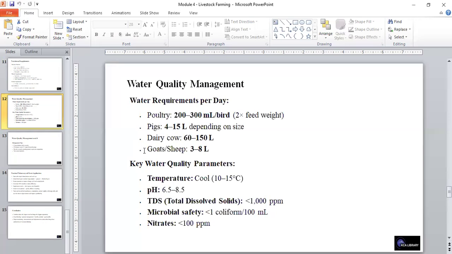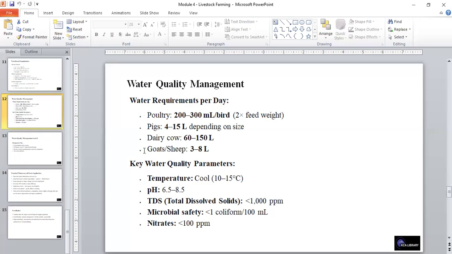The key water quality parameters are temperature, ensure it's between 10 to 15 degrees Celsius. The pH should be between 6.5 to 8.5, while the total dissolved solids should be less than 1,000 parts per million.